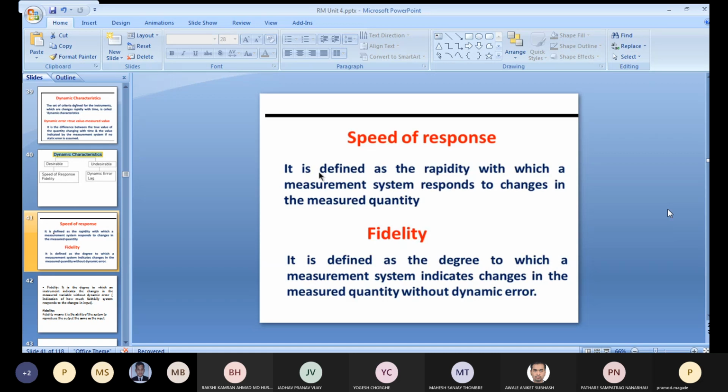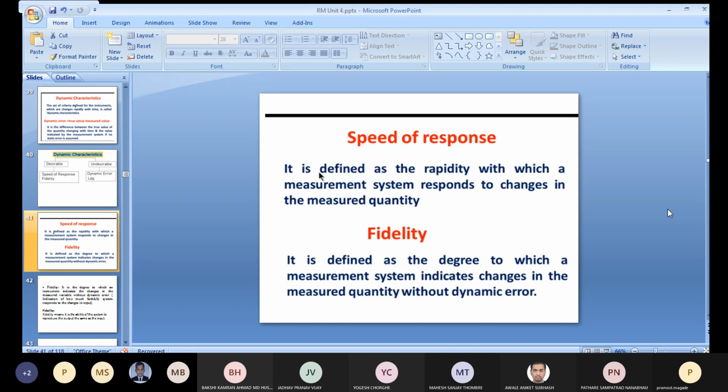And then fidelity. Fidelity helps to find out the instrument which does not have any dynamic error, correct? Means the rapid change will not occur. In word definition, fidelity is the degree to which the measurement system can indicate the changes in the measured quantity without any dynamic error, without any rapid error with respect to time.